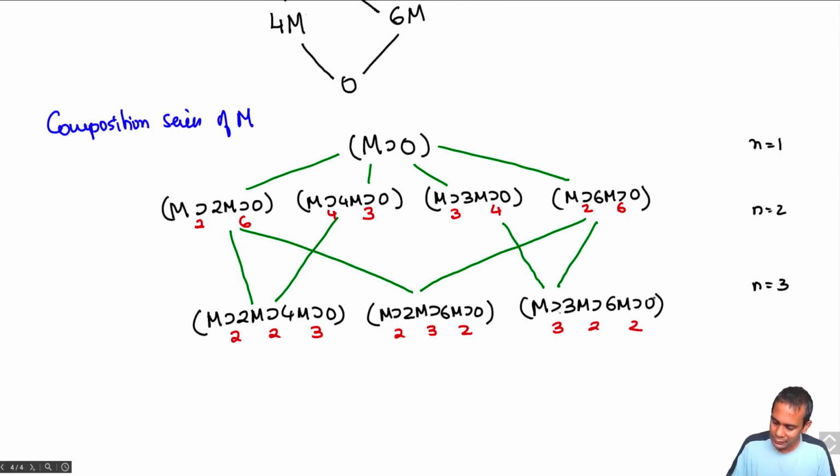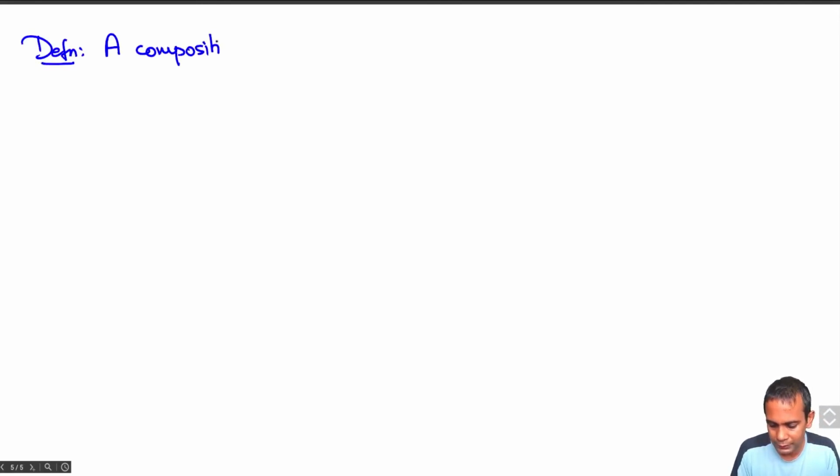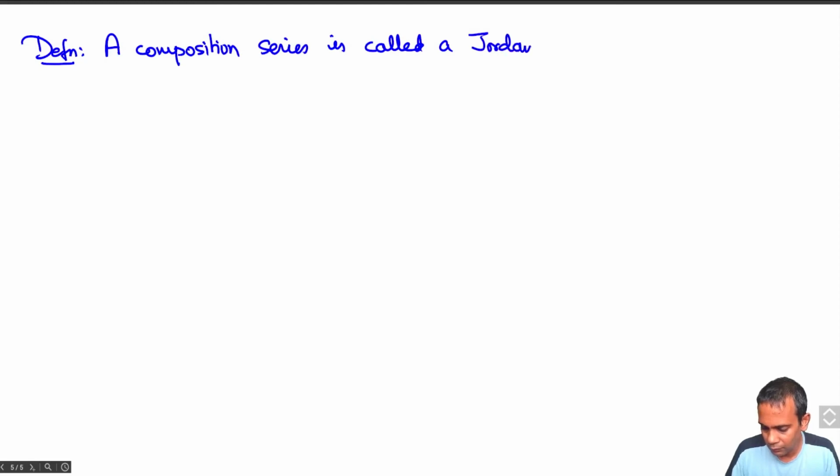Okay, so we'll be interested in composition series of this last kind, the most refined ones, the ones that cannot be refined any further. And those are called Jordan-Holder series. So definition: a composition series is called a Jordan-Holder series if it does not admit any refinement.